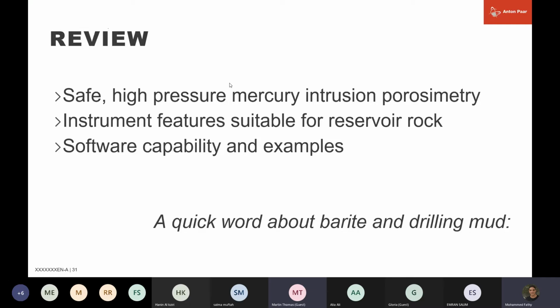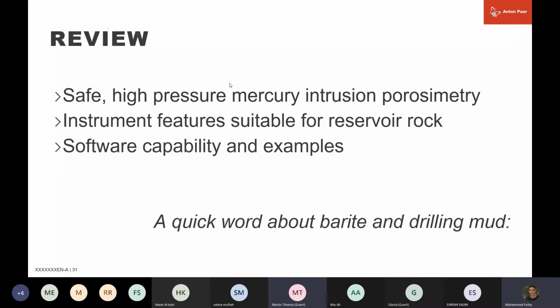We can accommodate cores, as I said, and cuttings, for example, or you can break your cores down to use less mercury. Always be aware that less mercury is good for the environment. I also demonstrated some of the software capabilities and a few of our customers' examples.